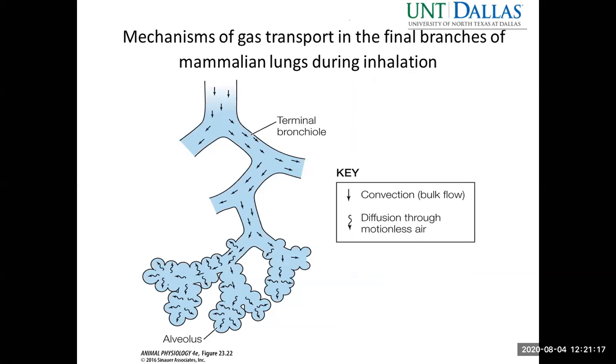So talking about the mechanism of gas transport in the final branches of mammalian lungs during inhalation. We all know that gas in the alveoli, which is the gas that undergoes exchange with the blood, differs dramatically in composition from atmospheric air in all mammals. The most fundamental reason is that the alveolar sacs are the blind ends of tidally ventilated airways and are not fully emptied.